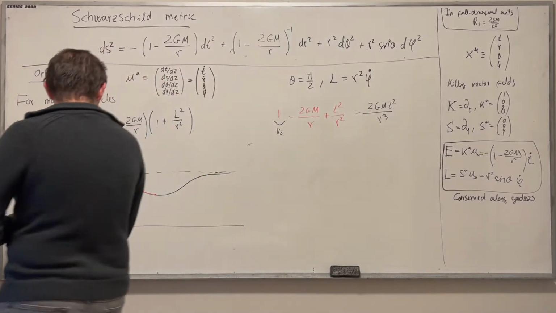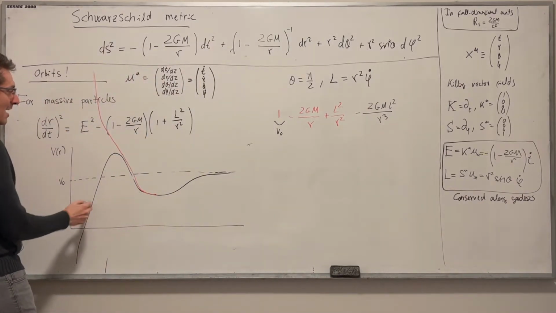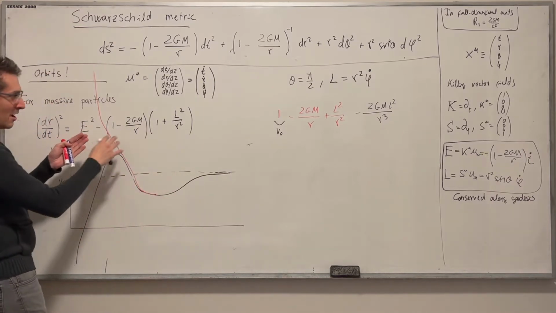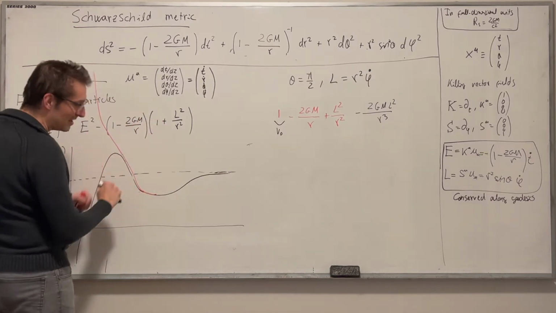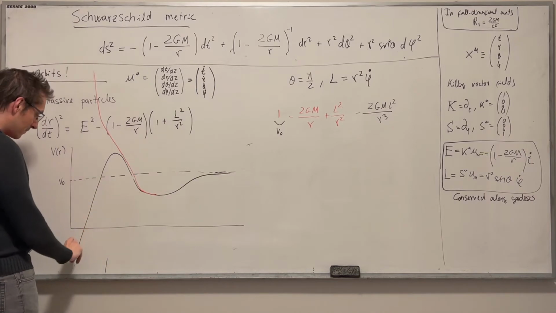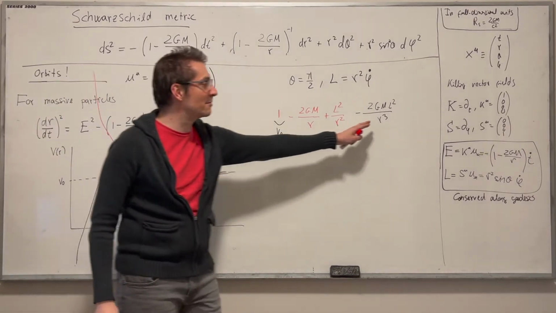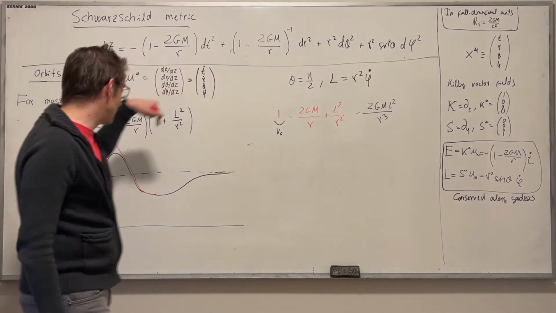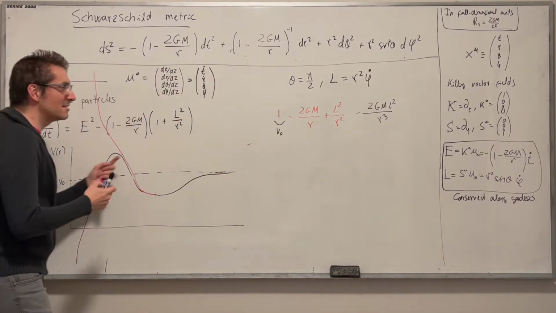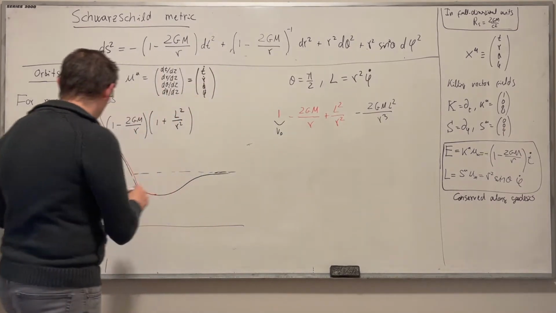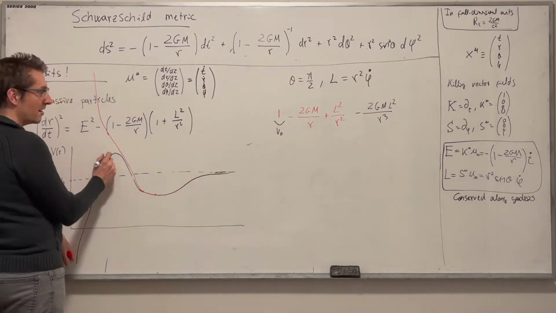The potential looks like this. If L is large enough, the potential has this dip; it has to be large enough for this term to actually create a maximum and a minimum here. At very short distances, the relativistic term dominates, and it takes the potential to minus infinity. Then at intermediate distance, it starts growing like 1 over r squared, which dominates over the r cubed term.